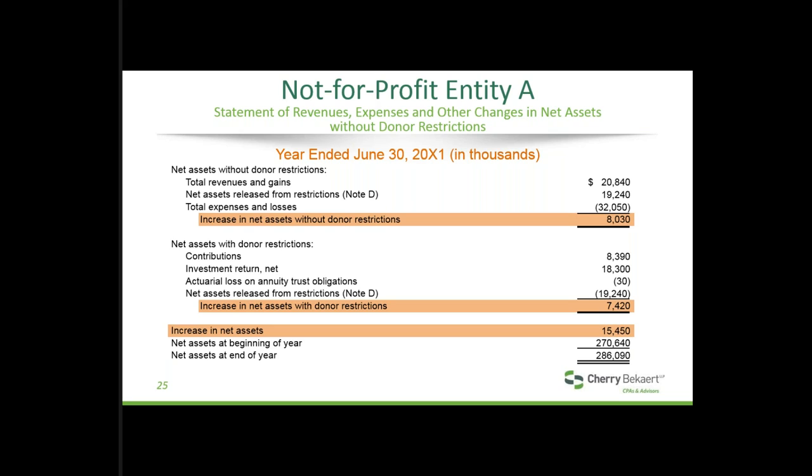So the examples that you walked through earlier were just a statement of activities. It still included the same type of information with the net assets without donor restrictions and the net assets with donor restrictions, but it just didn't have everything summarized on one statement necessarily. You still have the separate statements, but it's essentially the same information. It's just how it's broken out.